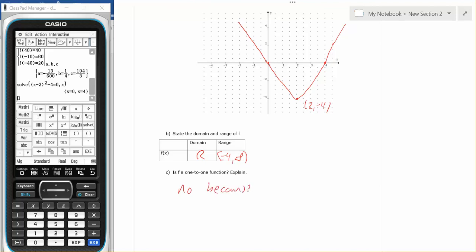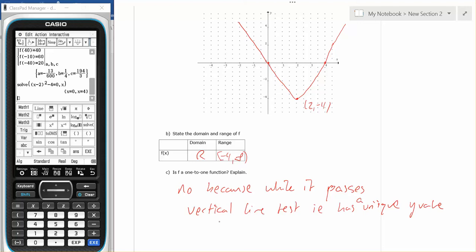because while it passes the vertical line test, you can talk about the vertical line test, but explain what it actually means. It has a unique y value for every x value.